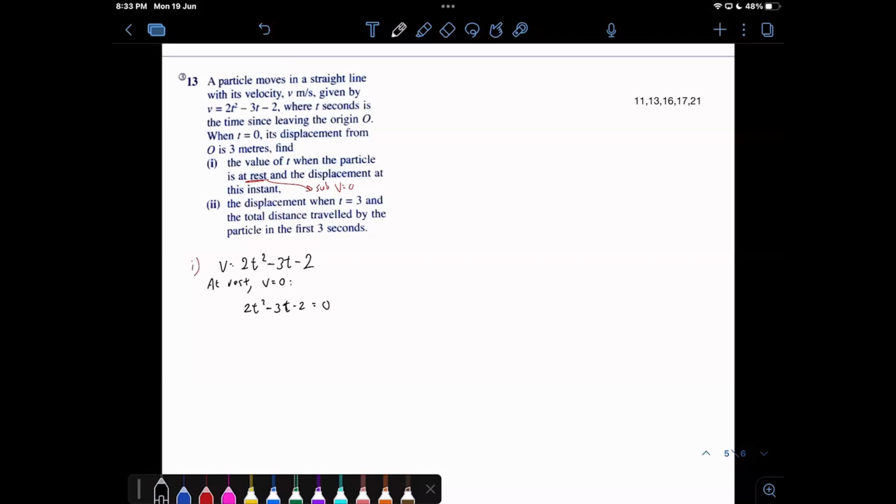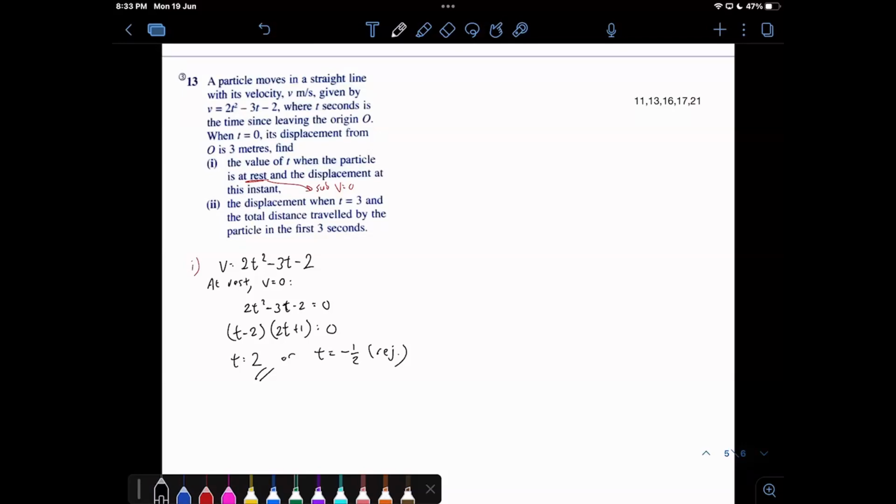Let me just use a calculator for efficiency. I get t equals 2 or t equals negative half. This one you clearly reject, so t equals 2 only. That's the value of t when the particle is at rest, the first part.